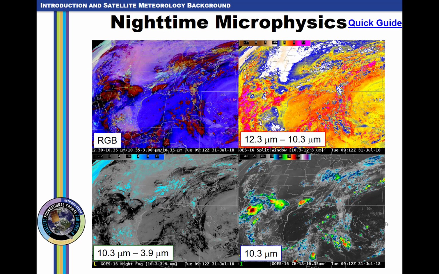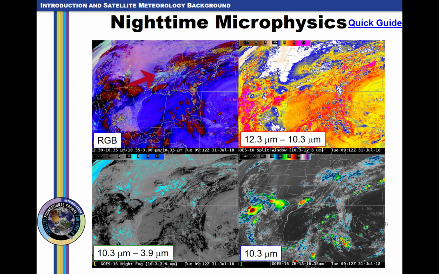Nighttime microphysics is another RGB with a long history of use. It uses a split window difference as its red component, the night fog brightness temperature difference as its green component, and the clean window 10.3 micrometers band 13 as its blue component. Many offices use this RGB to detect overnight fog, and that fog detection by the RGB arises from the night fog brightness temperature difference being the green part of this RGB.